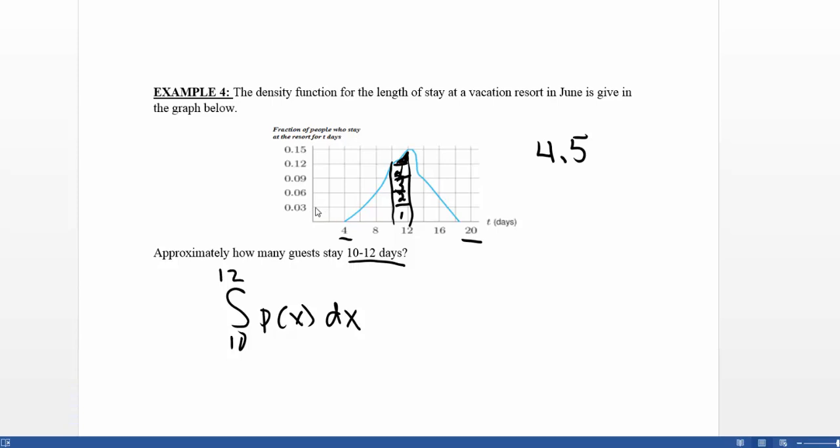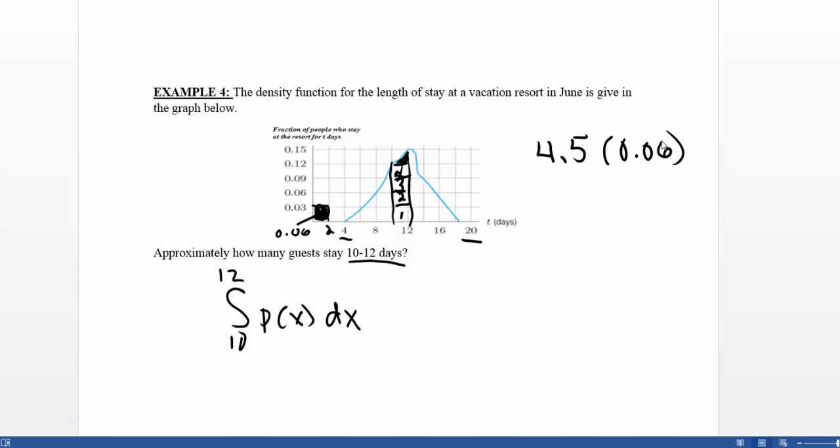So if I come over here to the origin, I notice that the width of my block is 2 units and the height of my block is 0.03, which means that any one block will do width times height is 0.06 in area. That's important because I'm saying that there's 4.5 blocks between 10 and 12 days. So I have to multiply that by 0.06, which is the fraction for any one block.